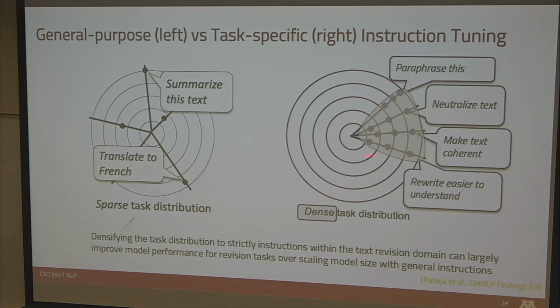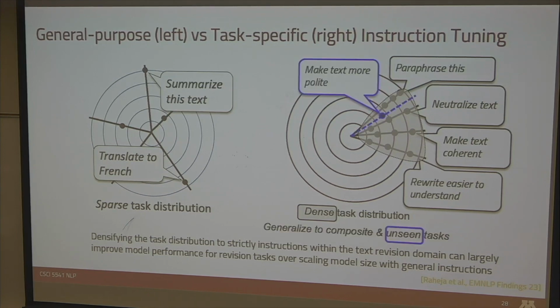So this is a bullseye diagram for the task distribution plot for the instruction tuned model that's refined for text refinement. And here we have conceptually similar tasks, right? So we can refine the text to be more neutral, make it more coherent, simplify it, or paraphrase it. All of these different tasks are related to each other. So the learned distribution will be really dense as opposed to the sparsity here.